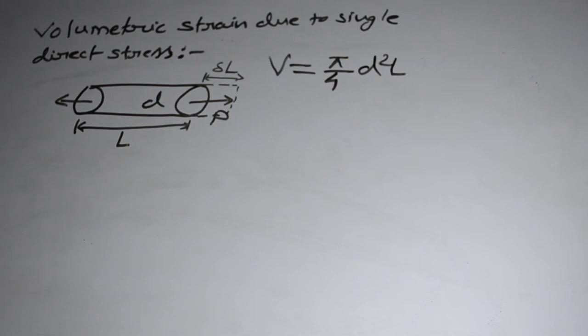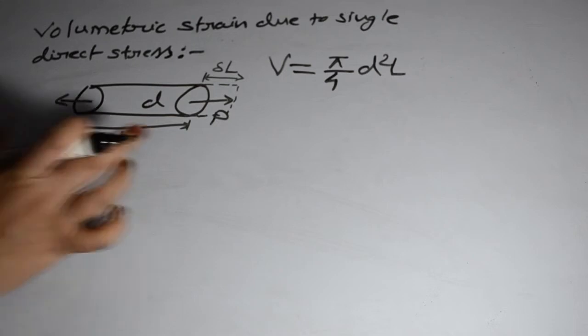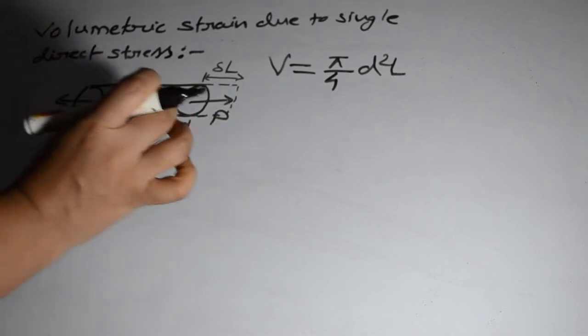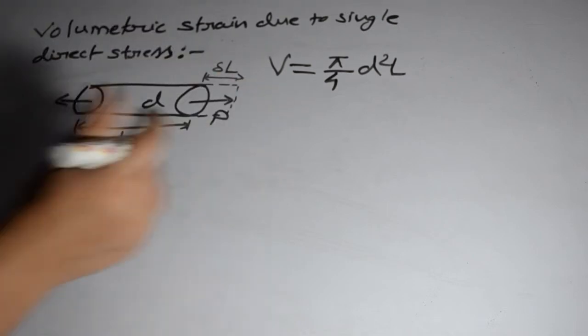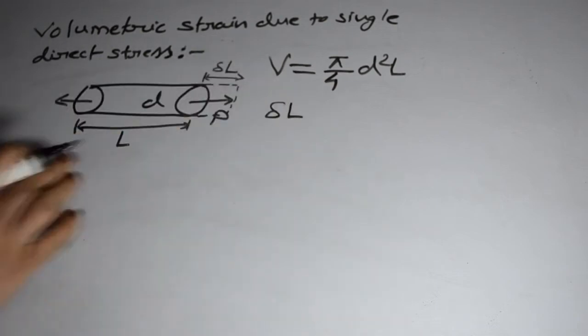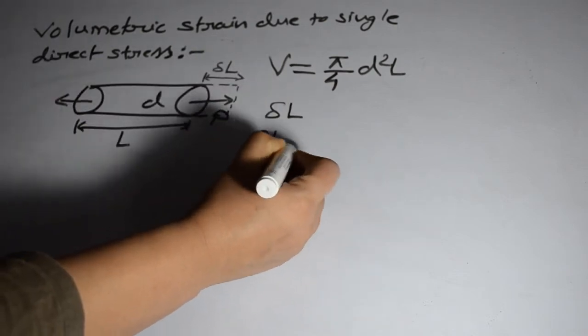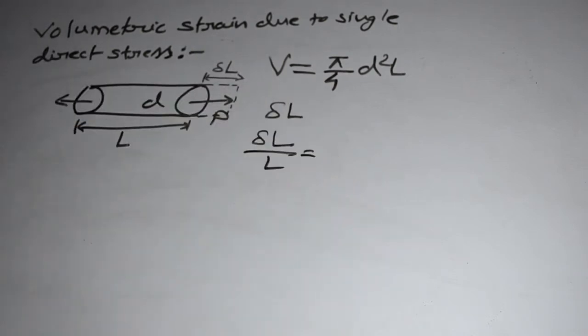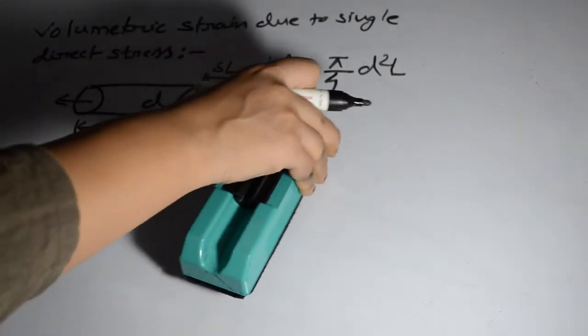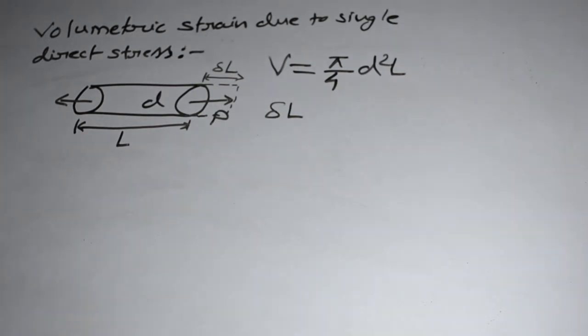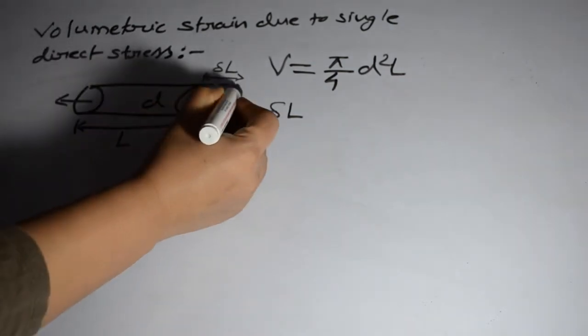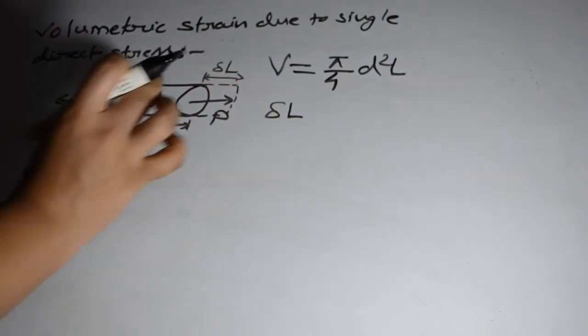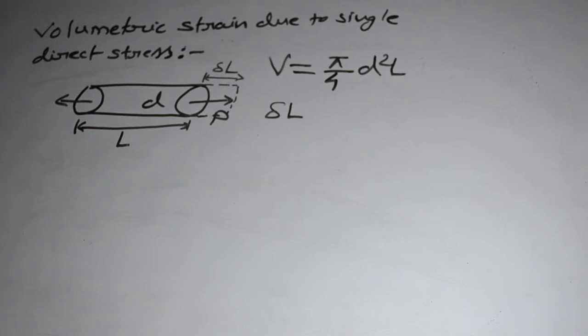After application of the tensile force at the end, the length of the bar will change in the longitudinal direction. So delta L is the change in length, and delta L by L will be the longitudinal strain. Similarly, if the length of the bar changes, the diameter of the bar will also change.